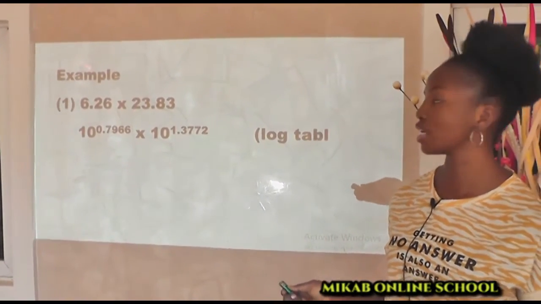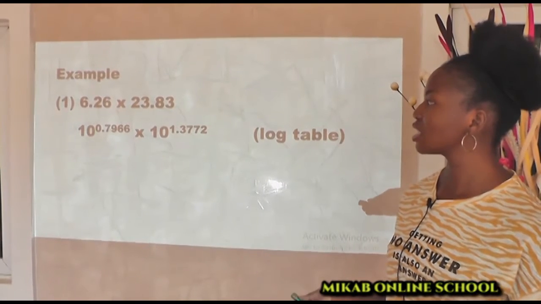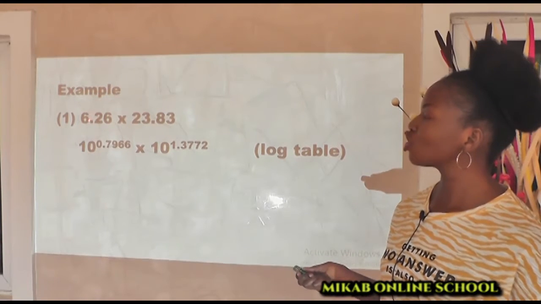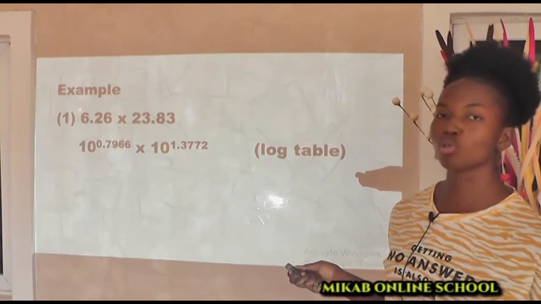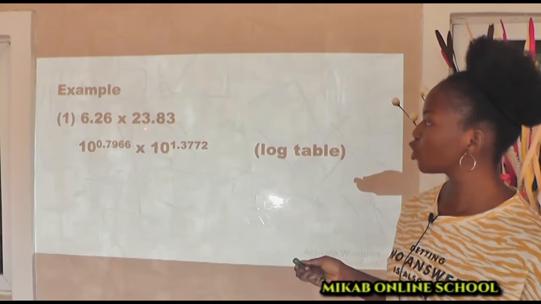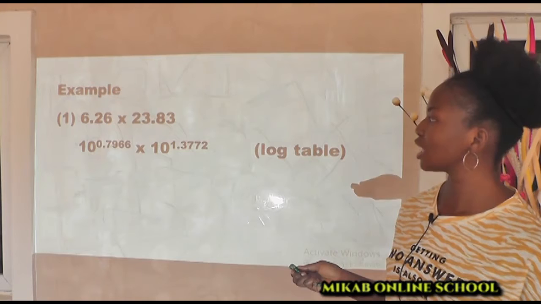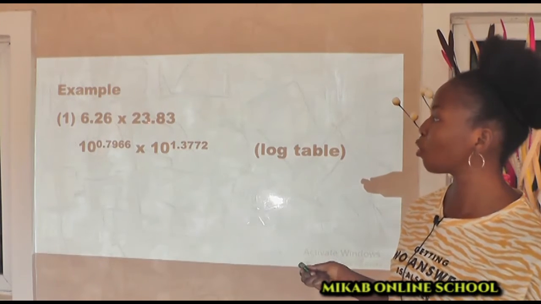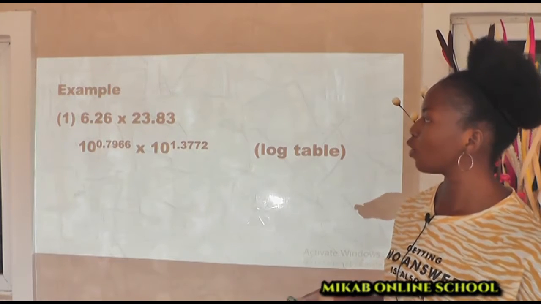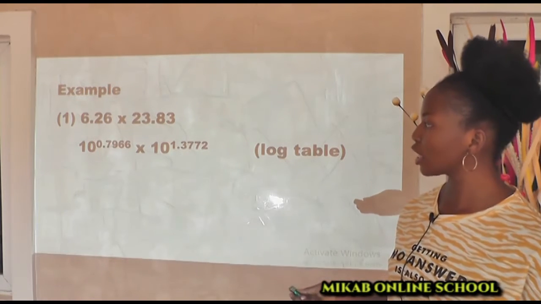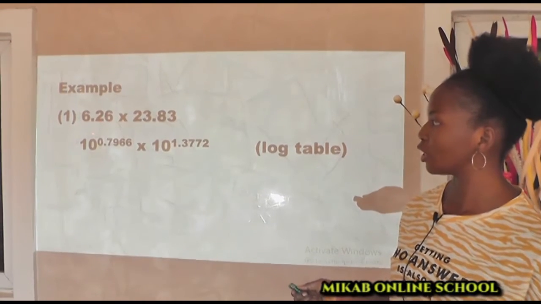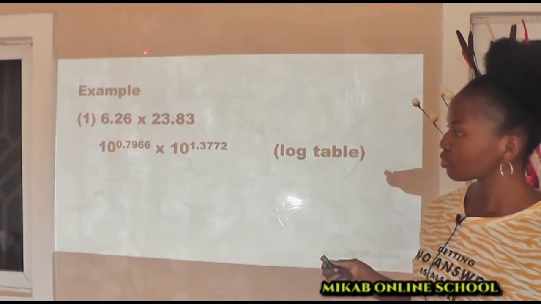And we said that 6.26 is telling us that 10 raised to a particular number is 6.26. And 23.83 is telling us that 10 raised to a particular number will give us 23.83.